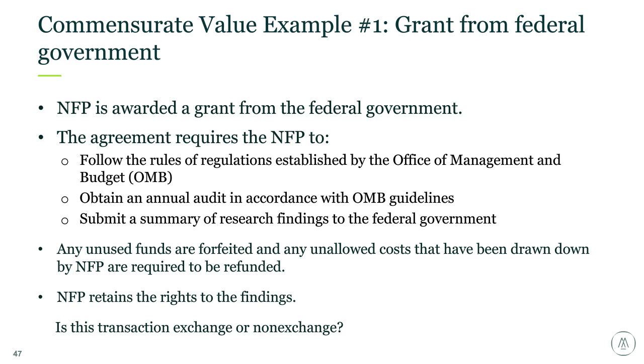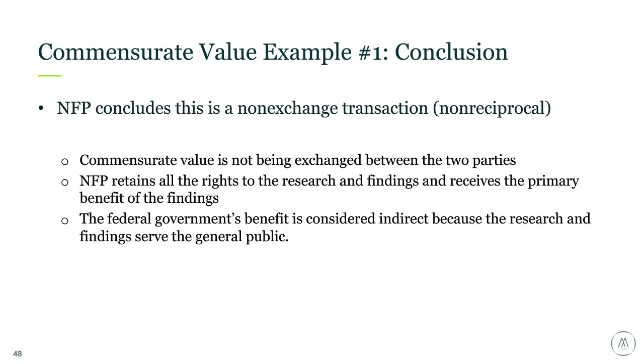So again, we have to first determine whether this is an exchange or a non-exchange transaction. So here's what we have here. This is considered a non-exchange transaction. So commensurate value is not being exchanged between the two parties.